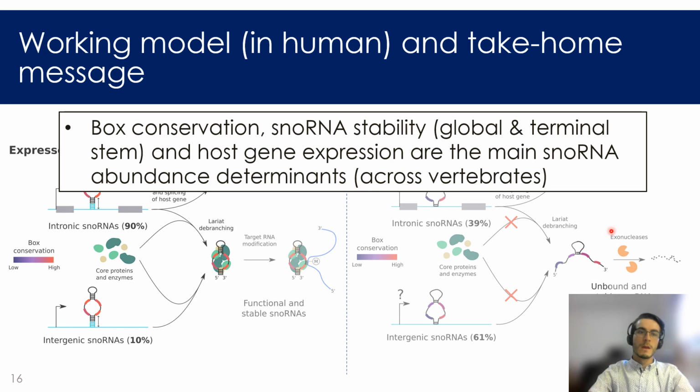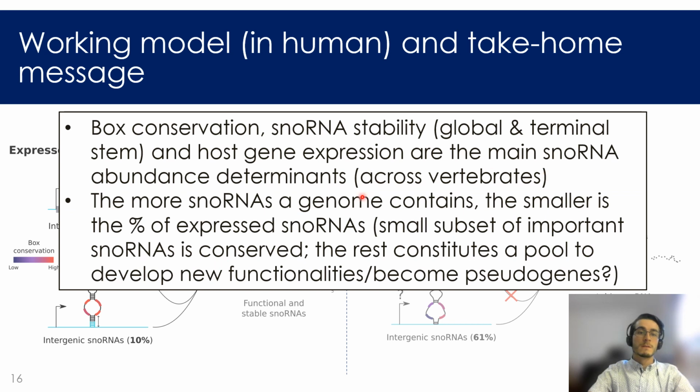So the take-home messages here that I have are that box conservation, snoRNA stability, and host gene expression are the main snoRNA abundance determinants in human, and it seems to be the case also for several other vertebrates. We also saw that the more snoRNAs a genome contains, the smaller is the proportion of expressed snoRNAs in that species.